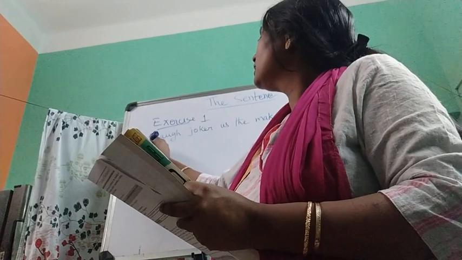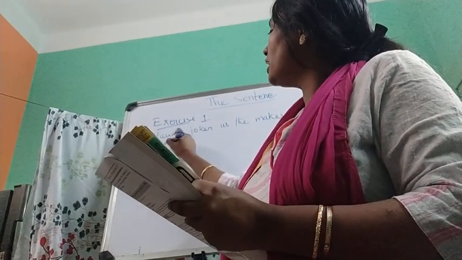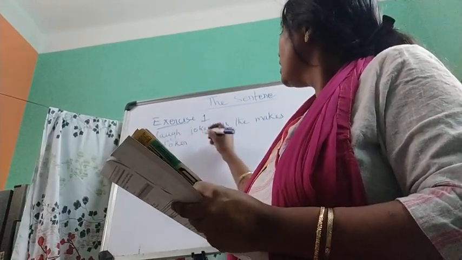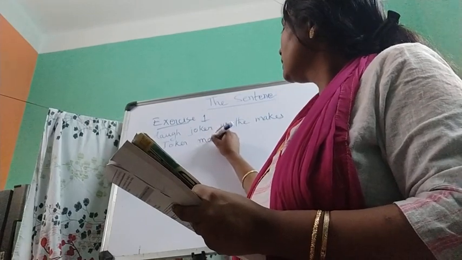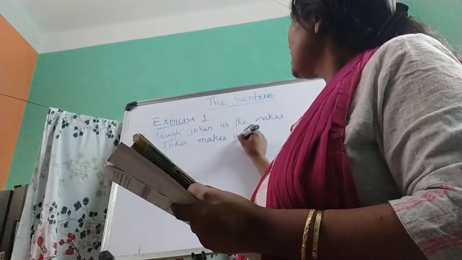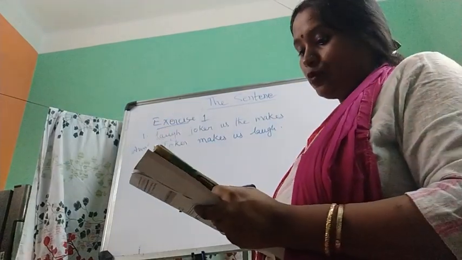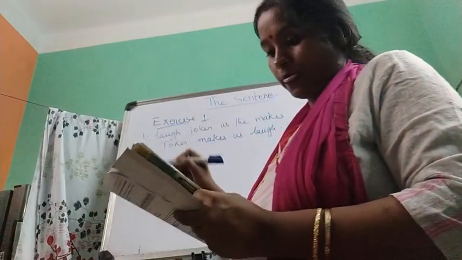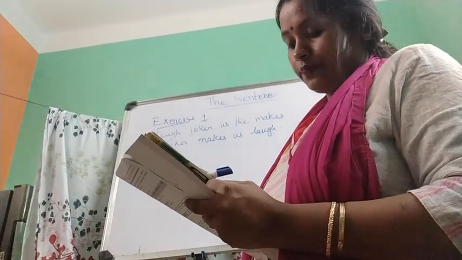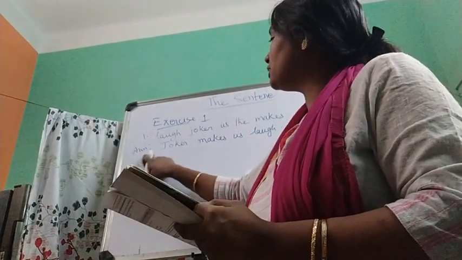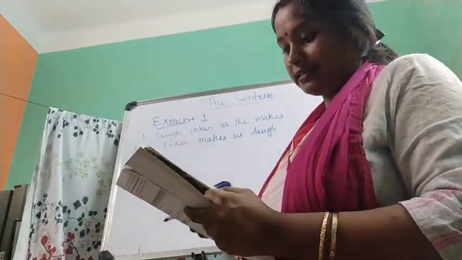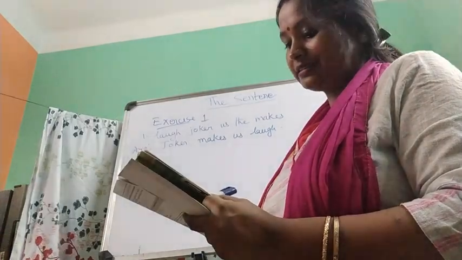Answer would be, Joker makes us laugh. Okay. Second one is number 2. Okay, I'll not do number 2. I'll do number 4. It seems to be a bigger sentence.